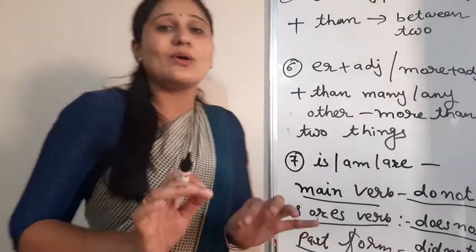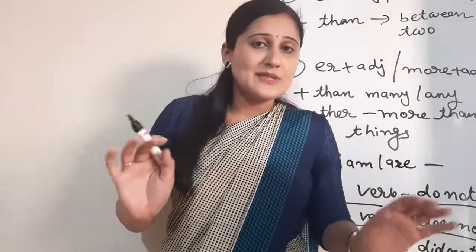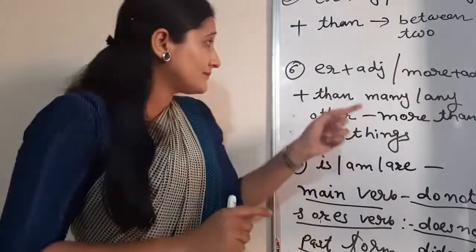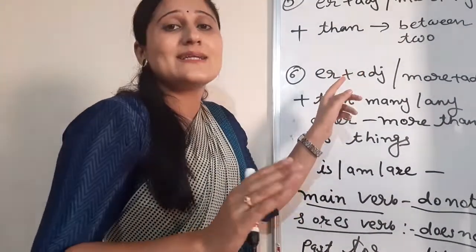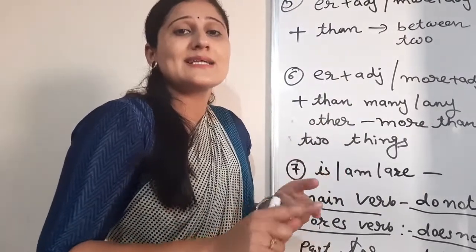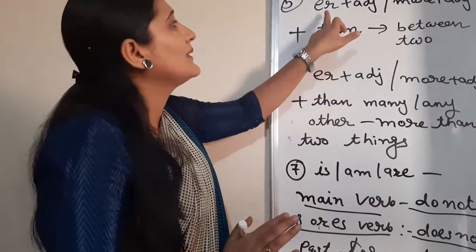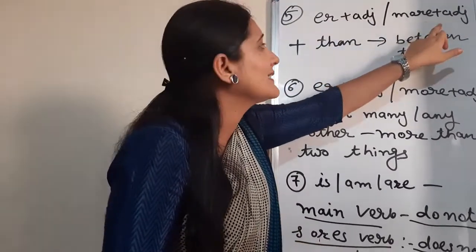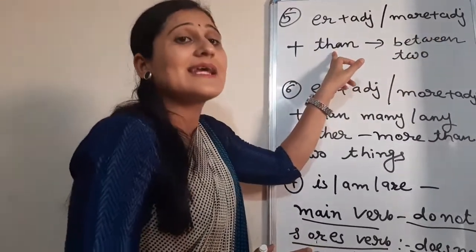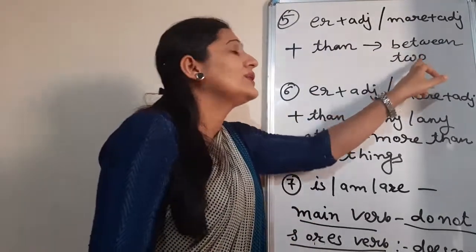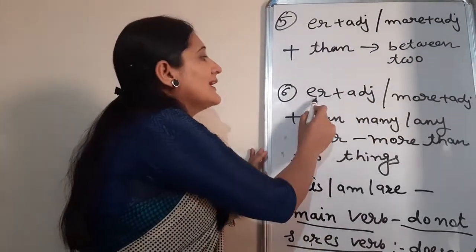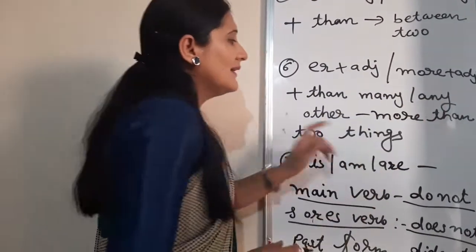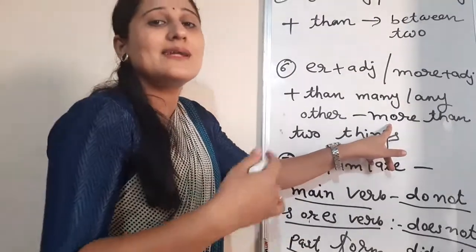Let me revise all the rules. Exchange the subject; two subjects will be given. Second thing, delete "so adjective as", delete "as adjective as", right? And then you need to remember to add er plus adjective or more plus adjective plus "than" if the comparison is between two things. Same way, er plus adjective or more plus adjective, then "many other" if the comparison is between more than two things.